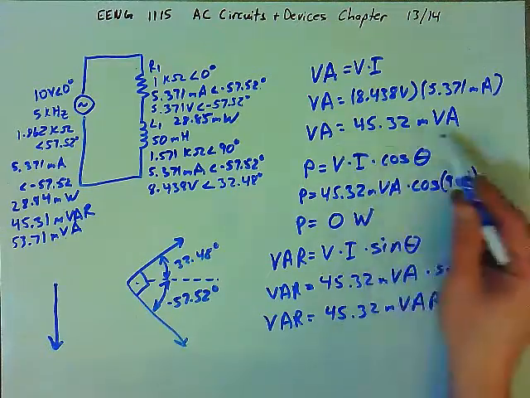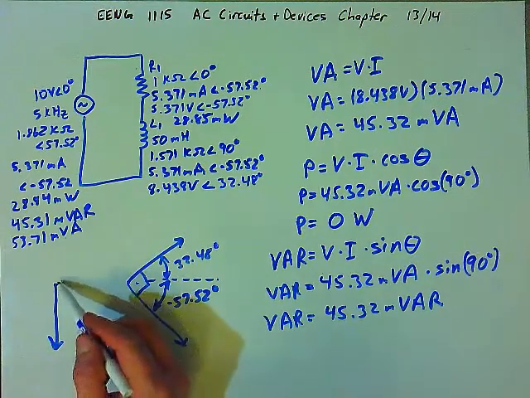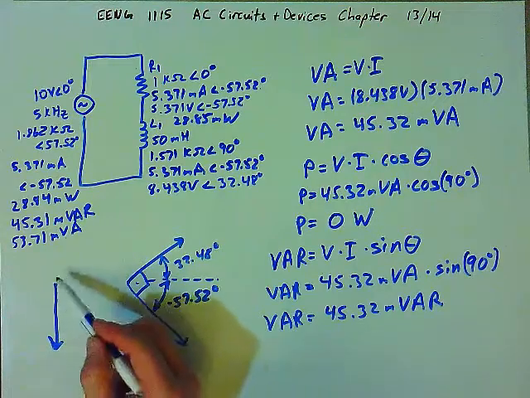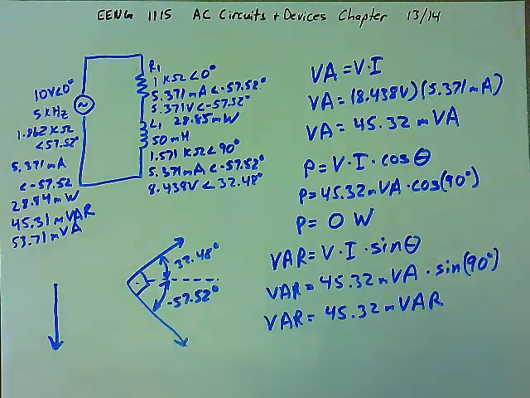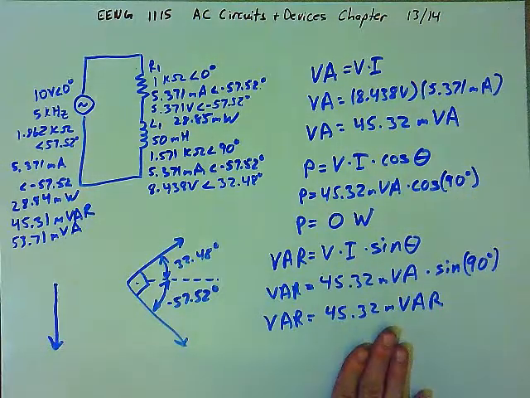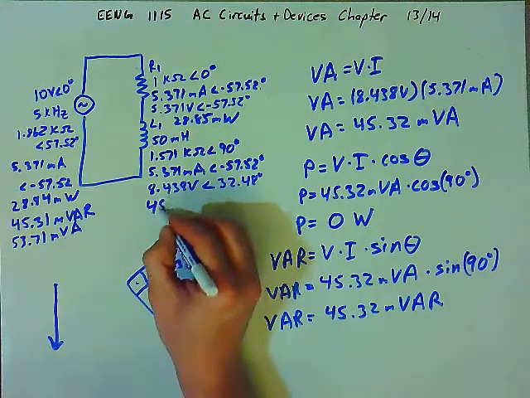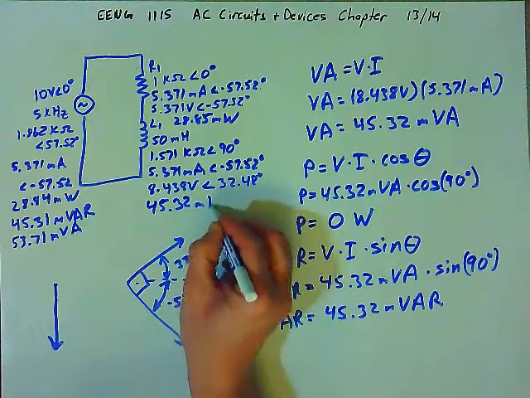And the volt amps and the var are equal because this isn't actually a triangle at all, it's just a single vector. Right? So there's no x component here. The hypotenuse and one of the legs of the triangle are equal. The other leg of the triangle is 0. So that means that the inductor only has var. All of the volt amps is contributed to volt amps reactive. And so I'll record this here as 45.32 millivar.